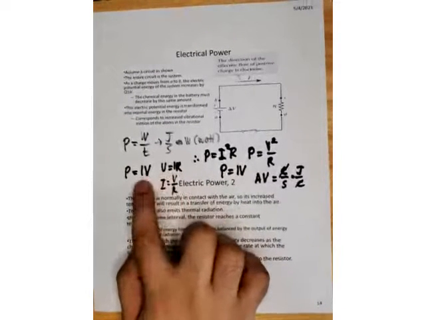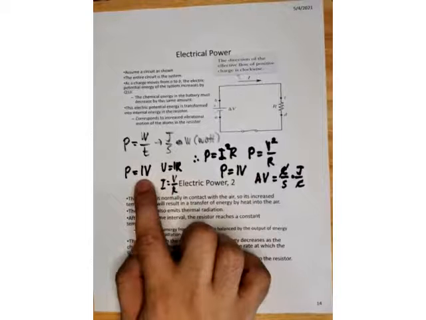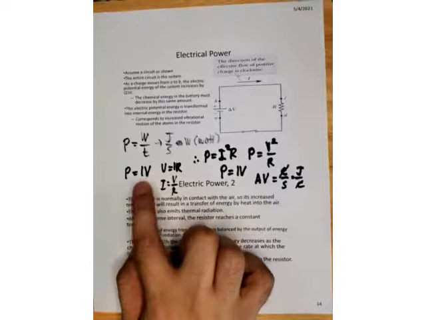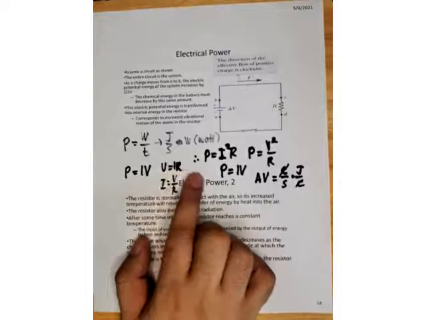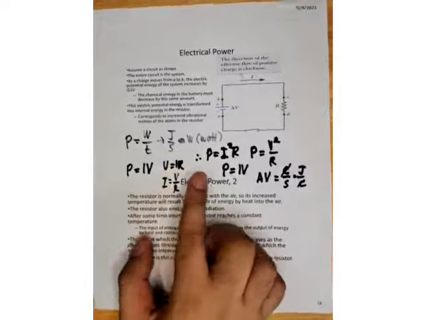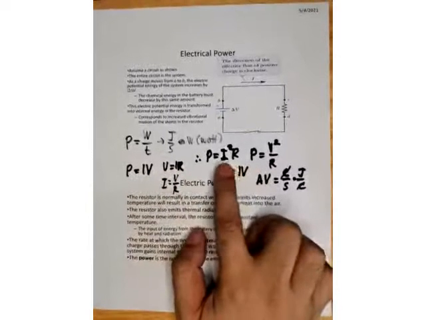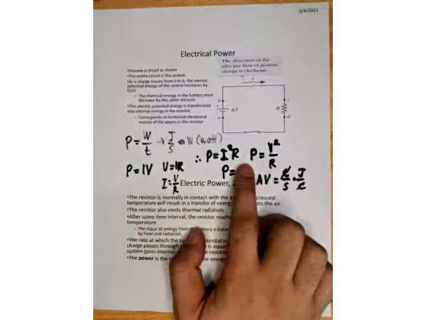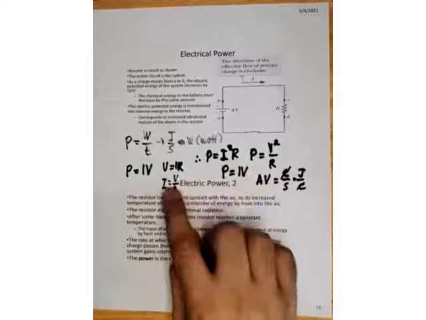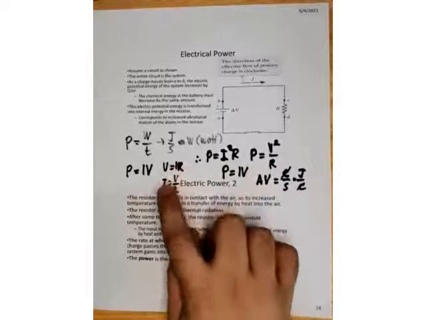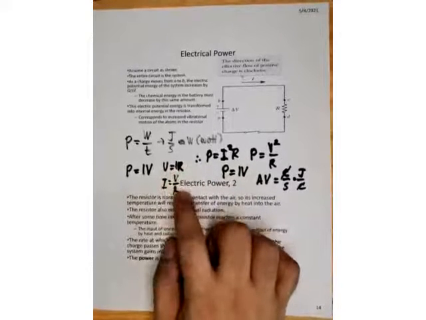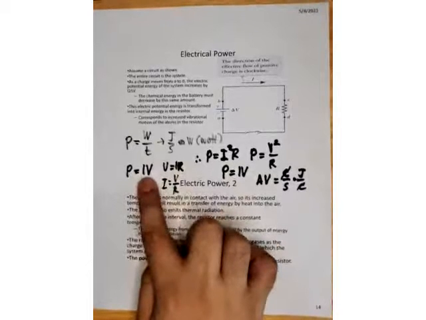So, magiging I times IR, so I squared R. Kaya siya magiging power also I squared R. Okay, kung current naman na nanggaling dito, so current naman is equal to V over R. Substitute naman natin siya dito. So, magiging V over R times V. Kaya magiging siyang V squared over R.